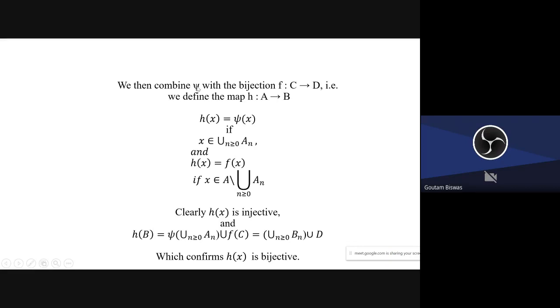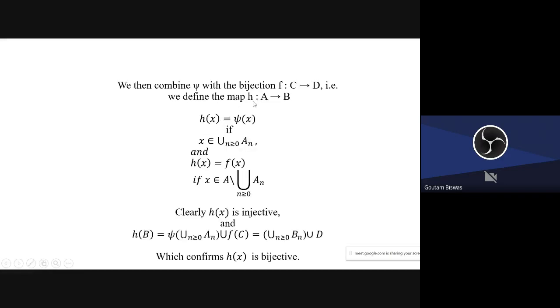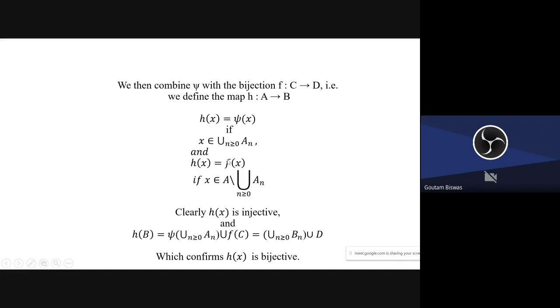That means that psi, what is defined here, is a combination of phi and F. We map A. You can see this map. F is here also, but phi inverse is there. So clearly Hx is injective.